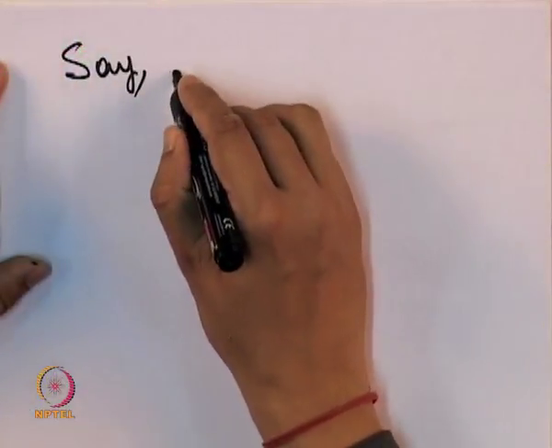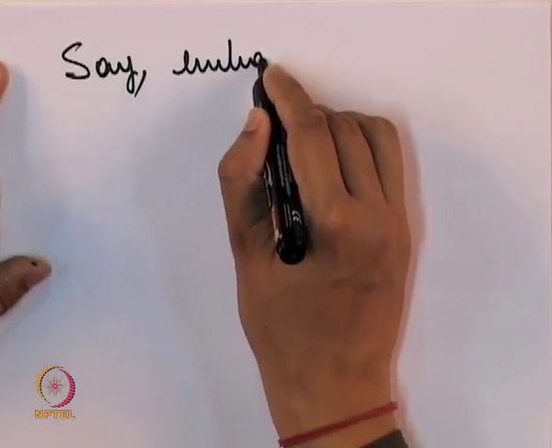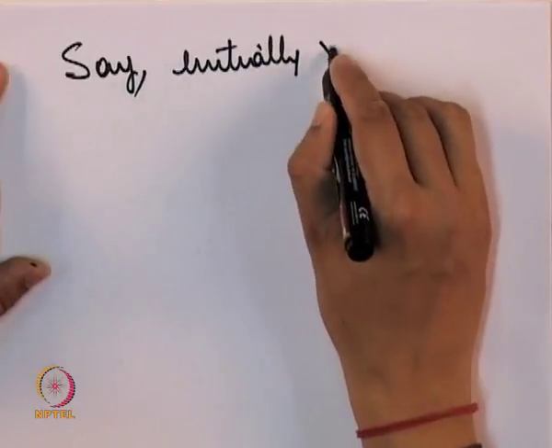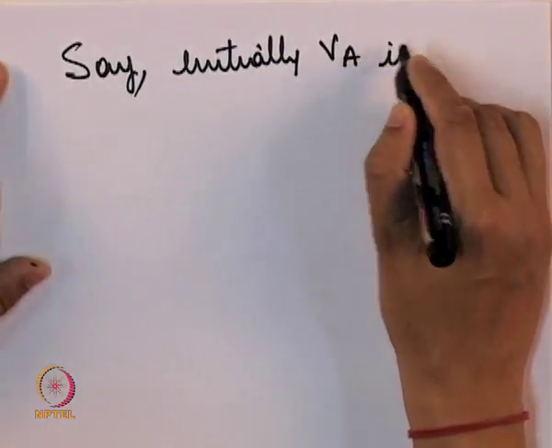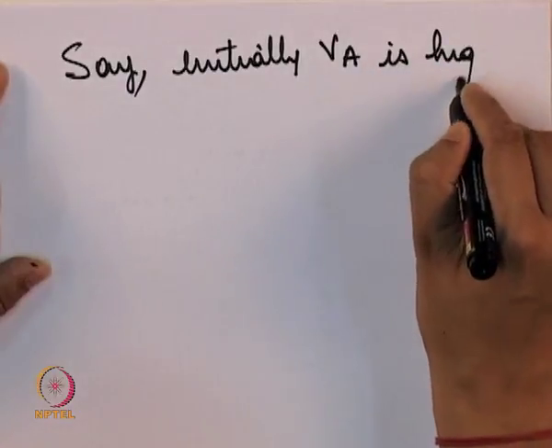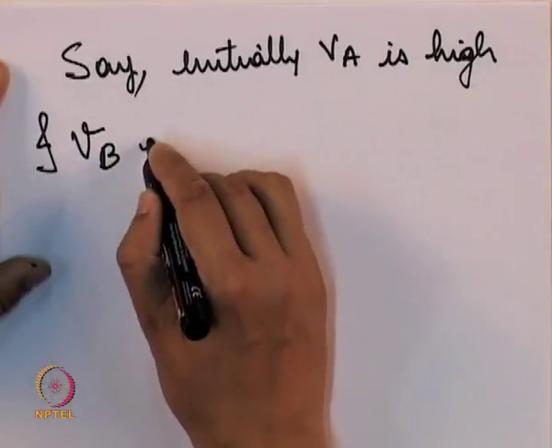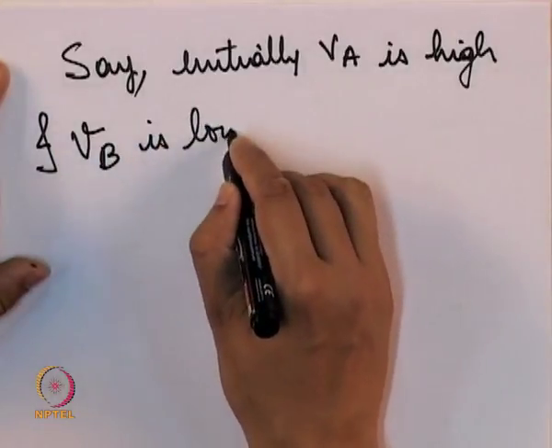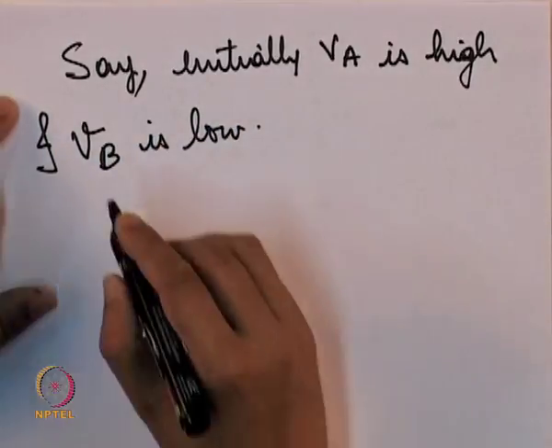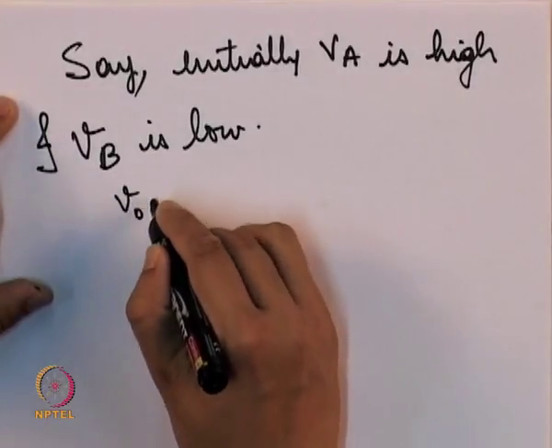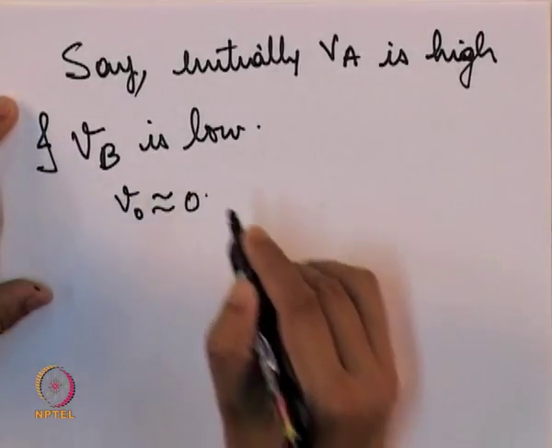So, suppose initially VA is high and VB is low, and say VO is nearly equal to 0.